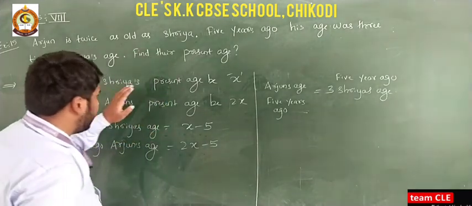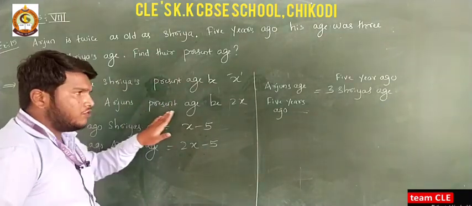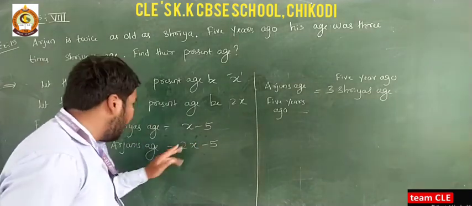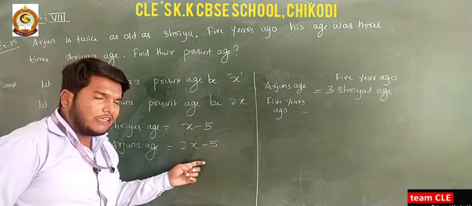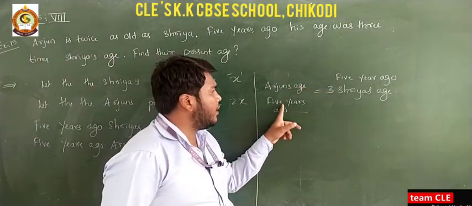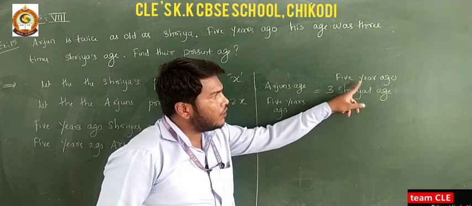So first, the present age is x, Arjun's present age is twice x, 5 years ago Shreya's age is x minus 5, and 5 years ago Arjun's age is 2x minus 5. According to the question, Arjun's age 5 years ago equals 3 times Shreya's age 5 years ago.